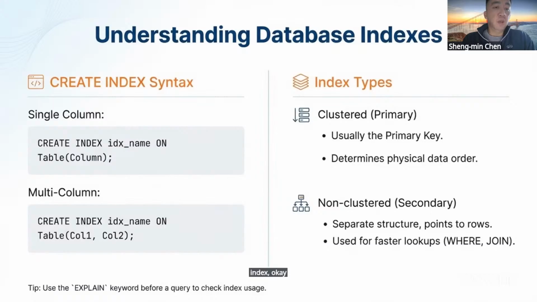Okay. And you can create index on a single column, or if you feel like, for example, first name, last name, when someone is querying, looking up a person and trying to do matching on the where clause, first name and last name normally come back to back and side by side.